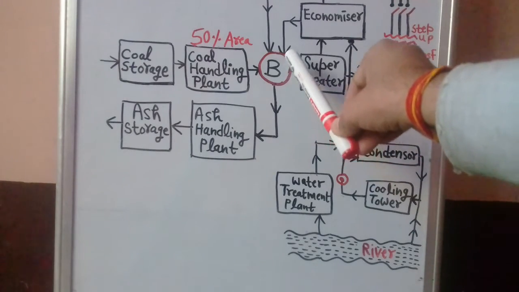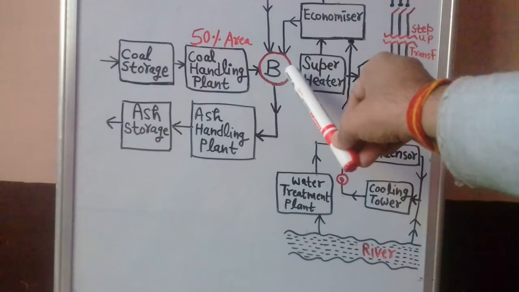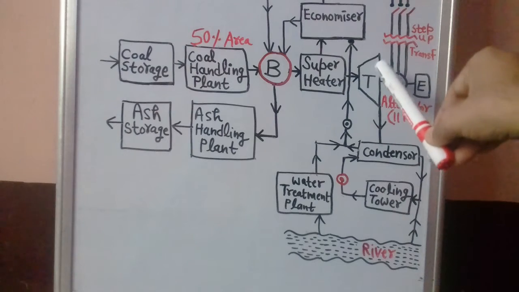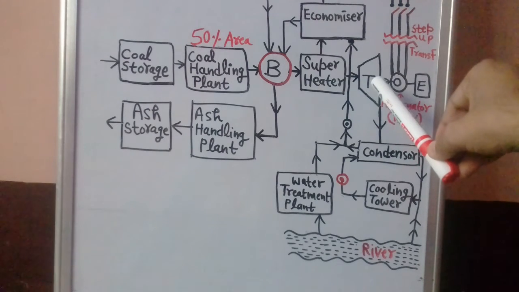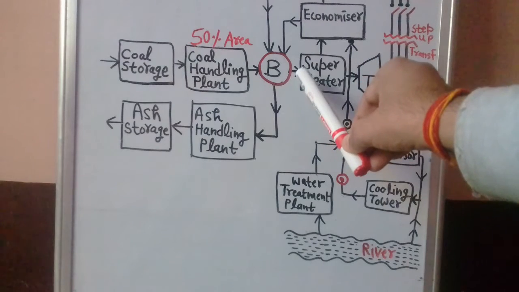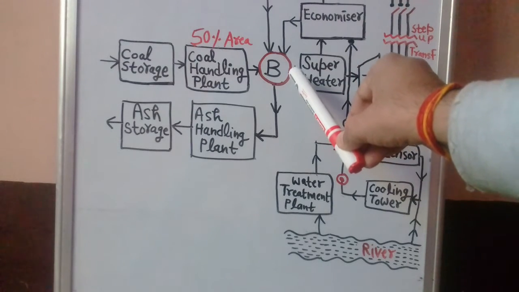The steam which is coming out of the boiler is not directly allowed to pass on to the turbine. Why? Because the steam coming out of the boiler contains moisture. It is wet steam.